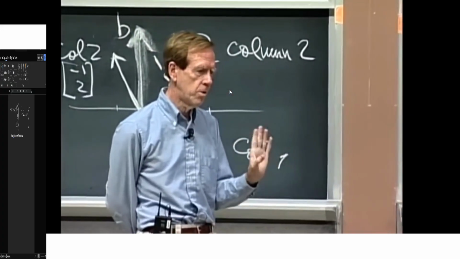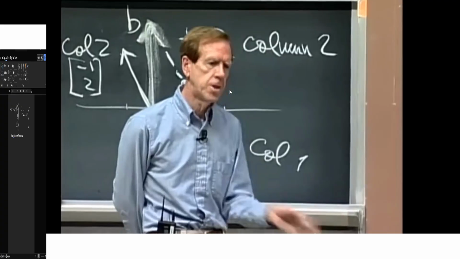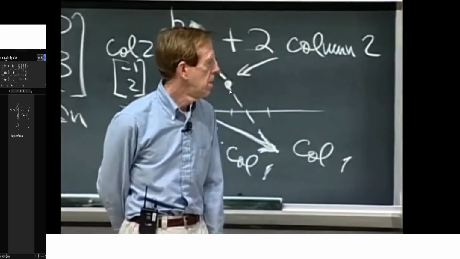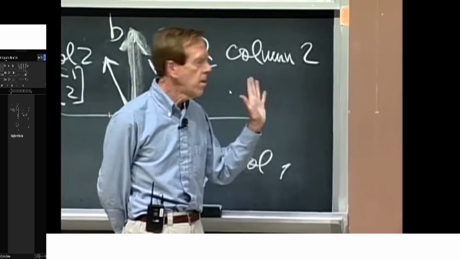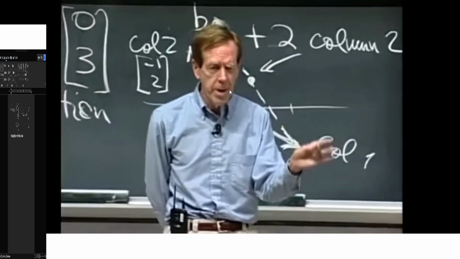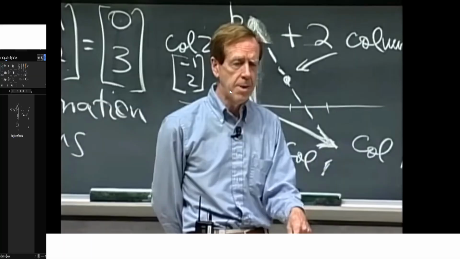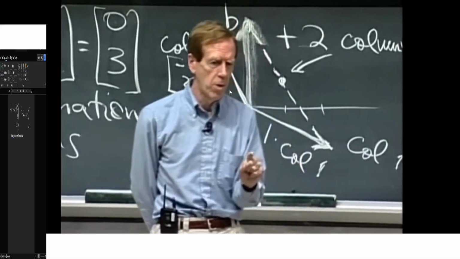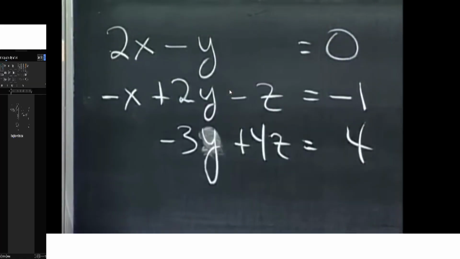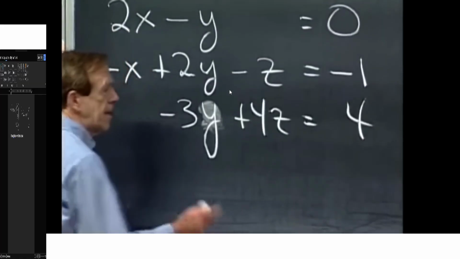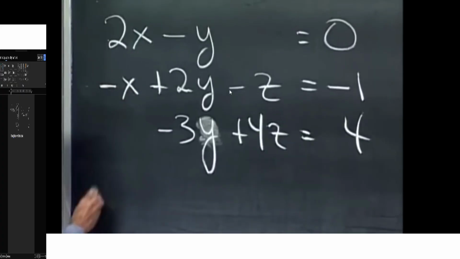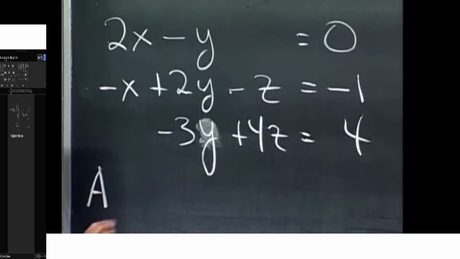Okay. So I want to understand the equations and then solve them. So how do you understand them? The row picture is one way. The column picture is another very important way. Let's remember the matrix form here, because that's easy. What's our matrix A?